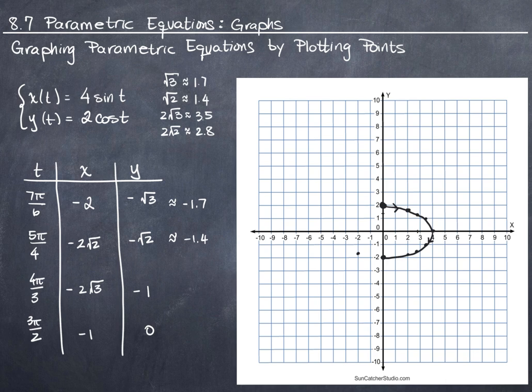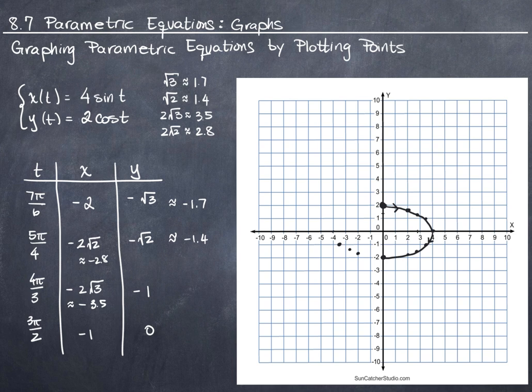Oh, I forgot these other ones. 2 root 2 is 2.8, so this is going to be negative 2.8. 2 root 3 is 3.5, so this will be negative 3.5. So I have negative 2.8, negative 1.4, so that is about there. And negative 3.5, negative 1 is about there.